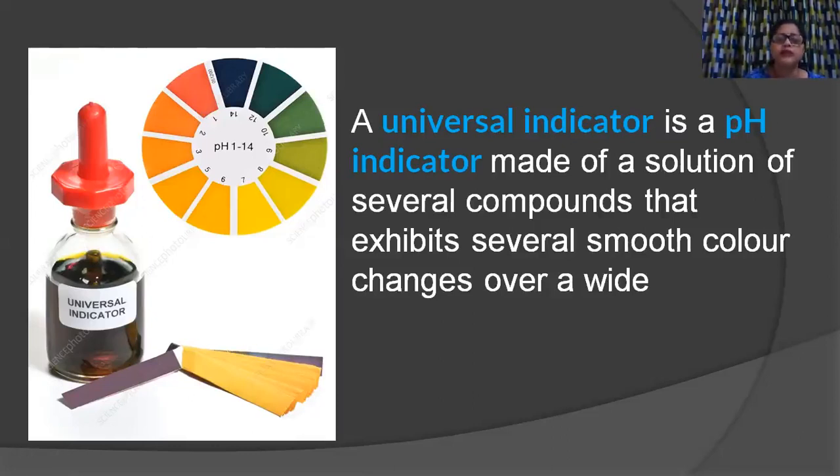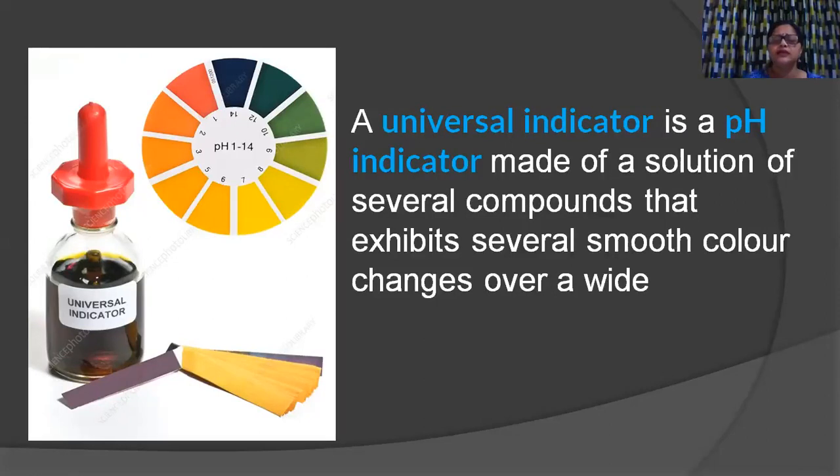But universal indicator helps us to know the nature of the liquid. With that, it also tells us the strength of the liquid, which means it also tells us whether the given substance is highly acidic or highly basic, or a weak acid or a weak base.